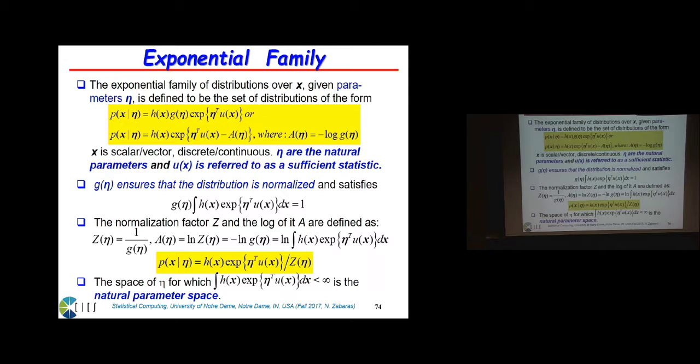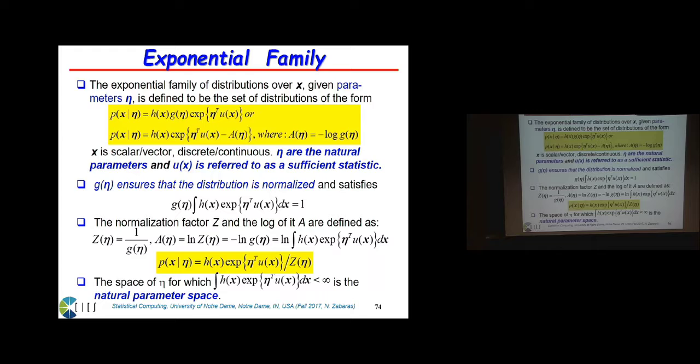We have some parameter theta, and a factorization that has an exponential, that's why it's an exponential family, of eta transpose, so obviously eta is a vector, times u of x, all right? This exponential will be what tells you if potentially you have an exponential distribution, times some function of theta, times some function of x, and you can rewrite this in a slightly different form by plugging this g inside the exponential.